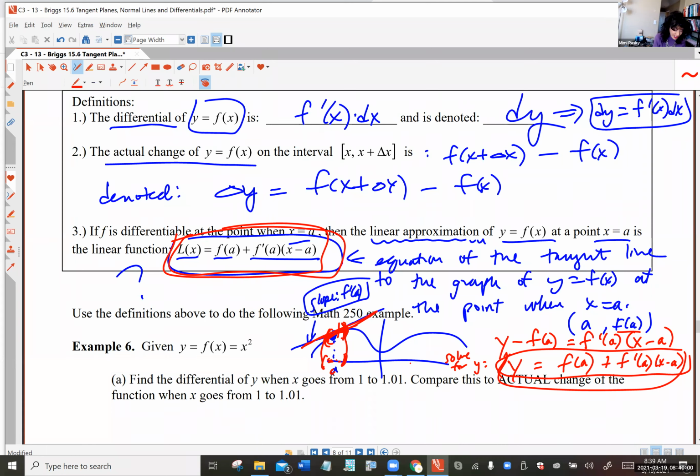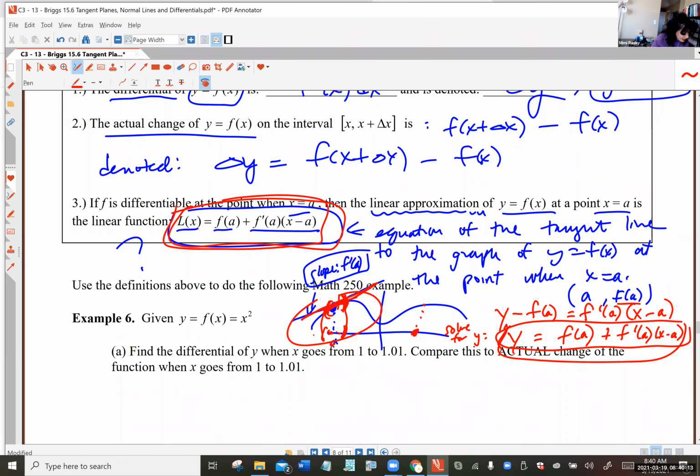Now, obviously, if I pick a point way over here that's super far away from that area, then this equation for the tangent line is a poor approximation of the function. But if I stay pretty close, I'm good.